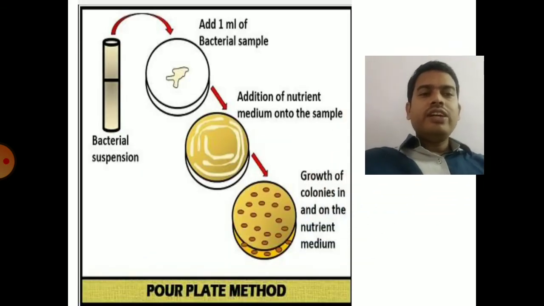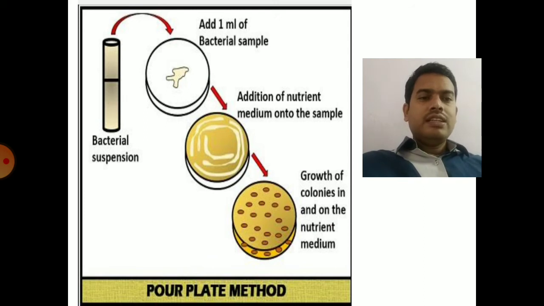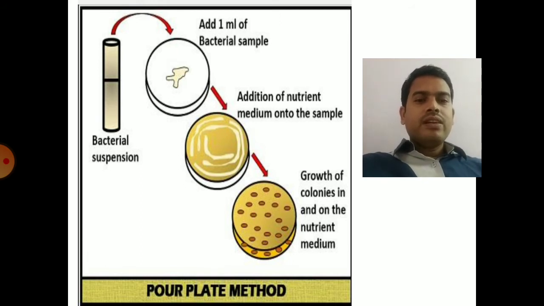So how to obtain these pure colonies? You have serially diluted your sample. That is one of the test tubes shown here in the pour plate method. In the pour plate method, you prepare nutrient agar medium and sterilize it.